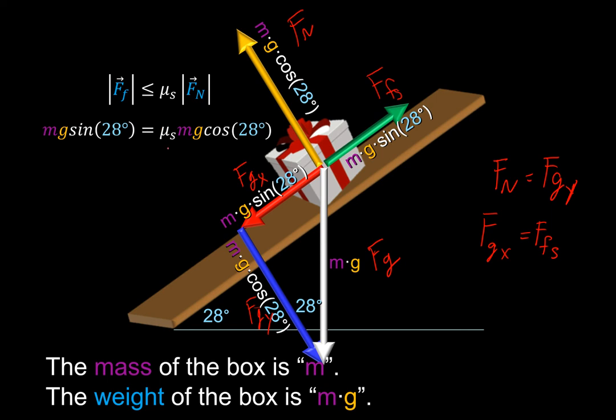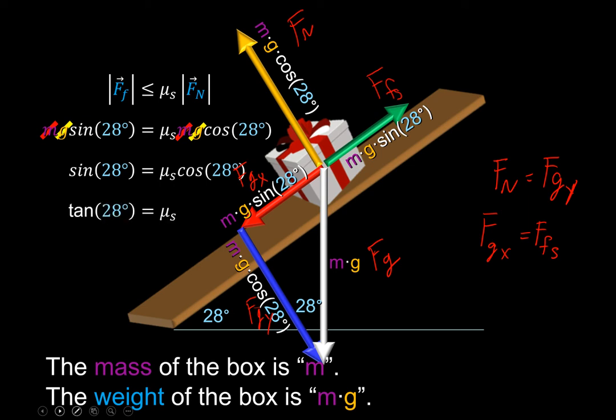So remember, we're looking for our mu. Masses cancel, gravity cancels. So you're just left with, and once you do a little bit of geometry there, I'm simplifying.